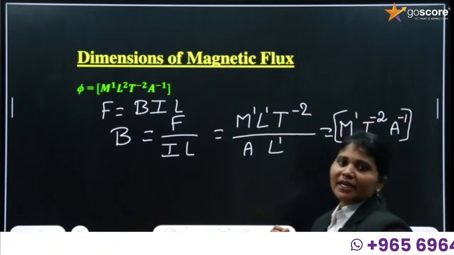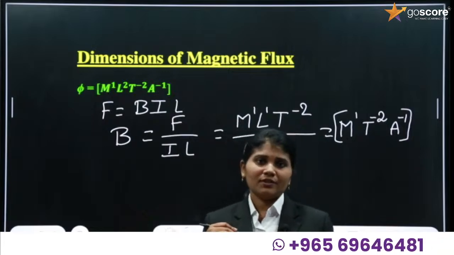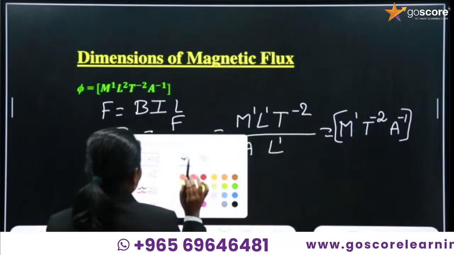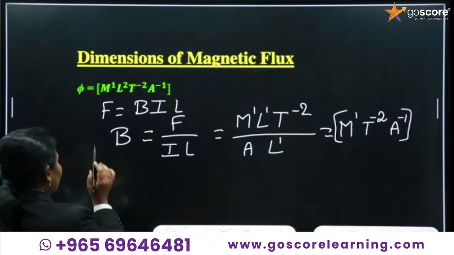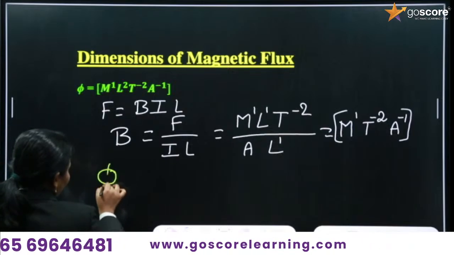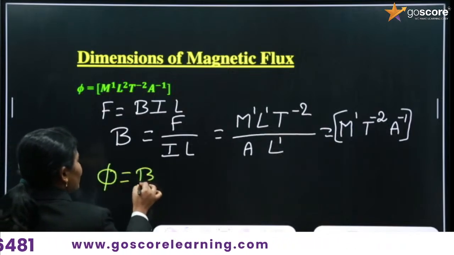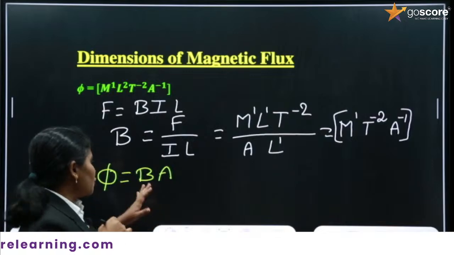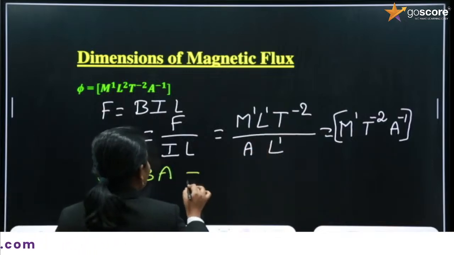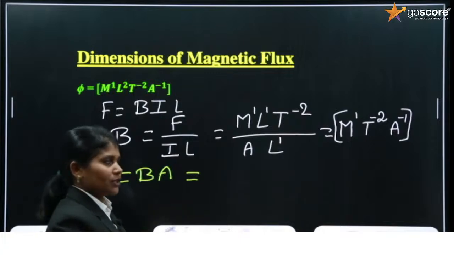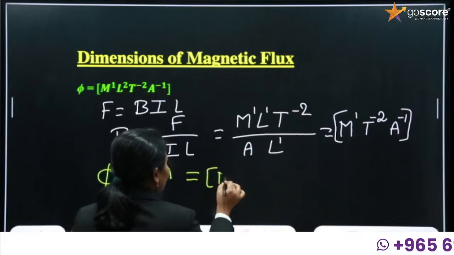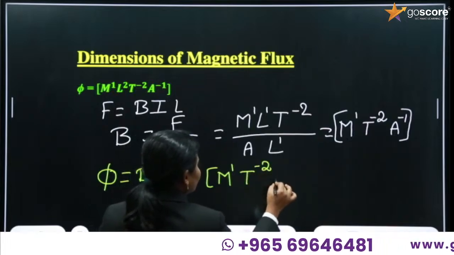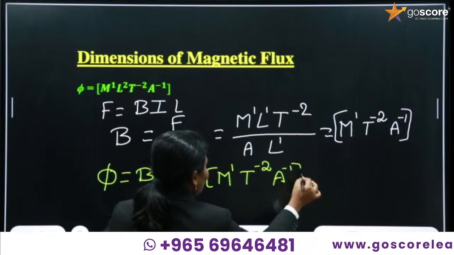That is the magnetic field dimensions, but we need flux dimensions. Then what is the formula, guys? Flux is equal to B into A. We know the magnetic field dimensions, M to the power 1 t to the power of minus 2 A to the power of minus 1.